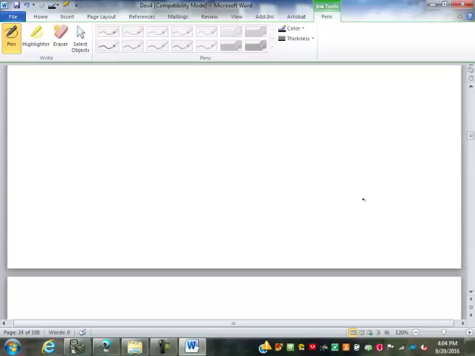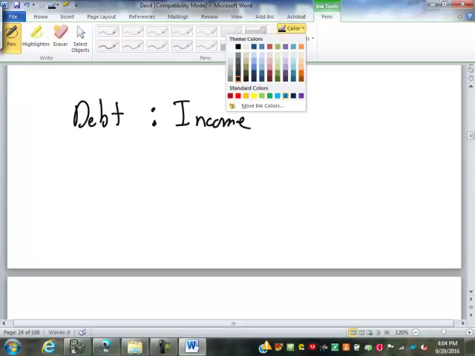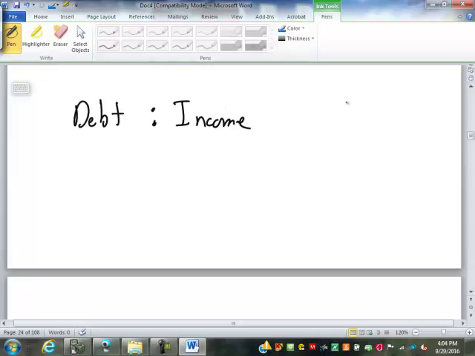What generally determines whether you get the loan or not, because the credit score doesn't determine your ability to pay, it determines your history of paying, is the debt to income ratio. A debt to income ratio is just that: what your monthly debt payments are compared to your monthly income.